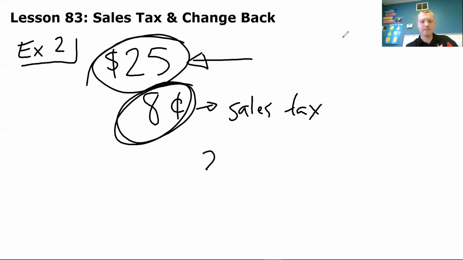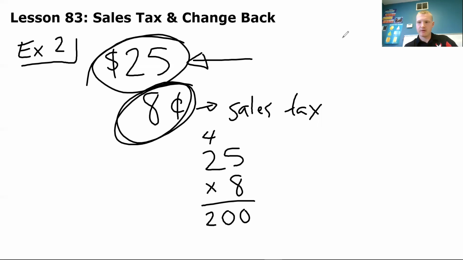So if I do that, 25 times 8, so 8 times 5 is going to be 40. 8 times 2 is going to be 16, plus another 4 is going to be 20. So I have 200. And that is going to be our answer. But it's not going to be 200 because I need to move my decimal place over by 2.